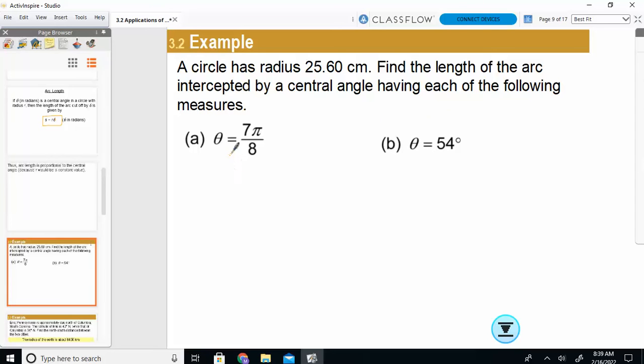So part A, theta equals 7 pi over 8. The formula I just gave you, S is r times theta. So my r is 25.6, and my theta is 7 pi over 8. So we are just multiplying.